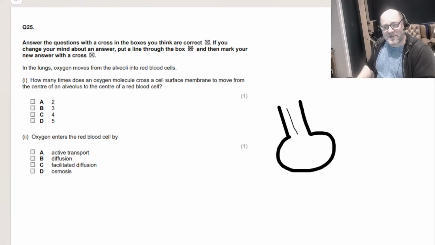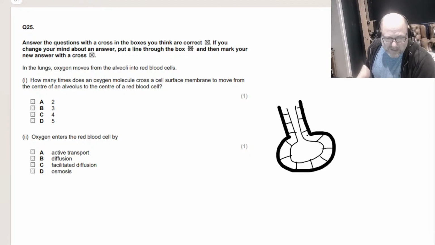Does anyone know the name of the cells that line the alveoli? You have to know this for all your exam boards. They're squashed, which is how I remember the name. Cells that cover layers inside your body are called epithelial cells.